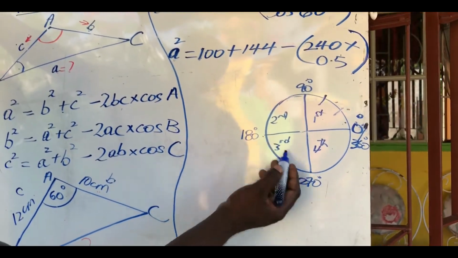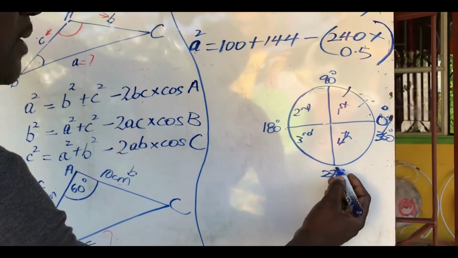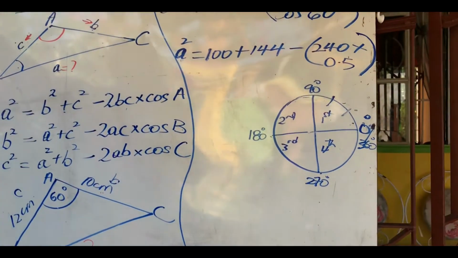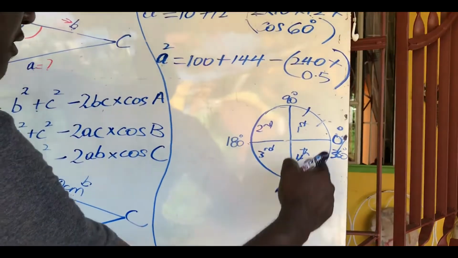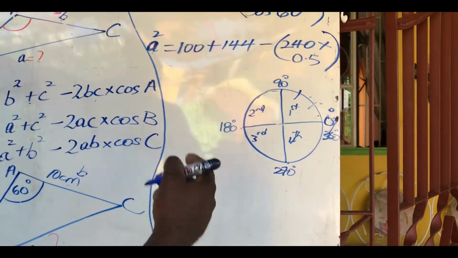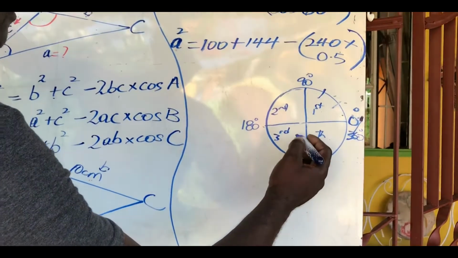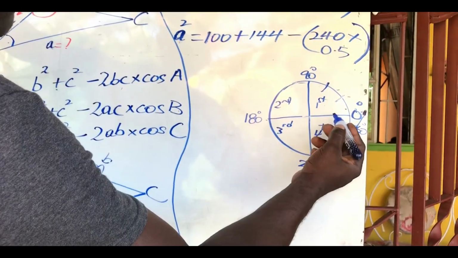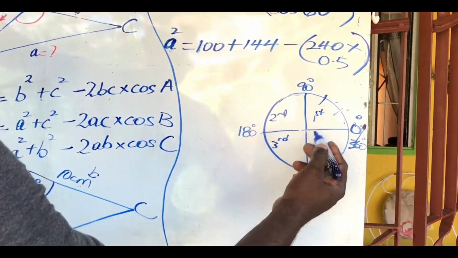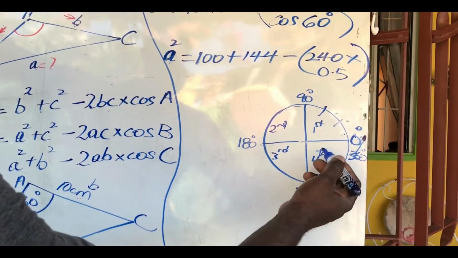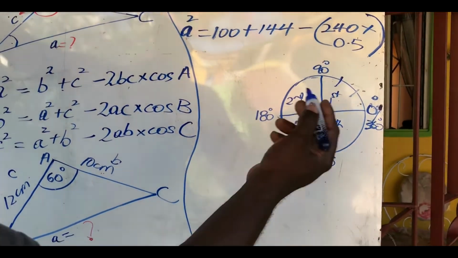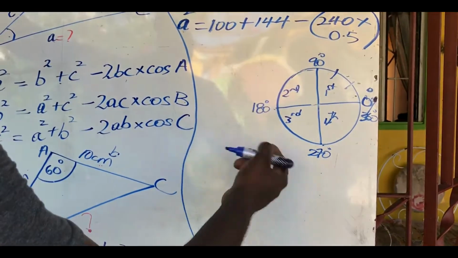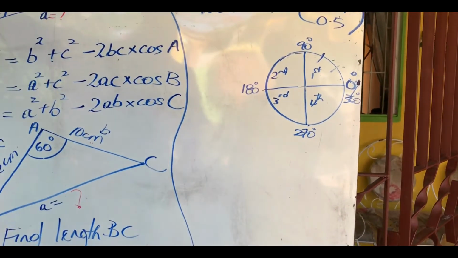Third, between 180 and 270. And the fourth, between 270 and 360 degrees. In the first quadrant, all ratios are positive, so you need to remember that. If you find the cos, the sine, and the tan of an angle in the first quadrant, it is supposed to be positive, except for the tan of 90 degrees, which you are not able to find.